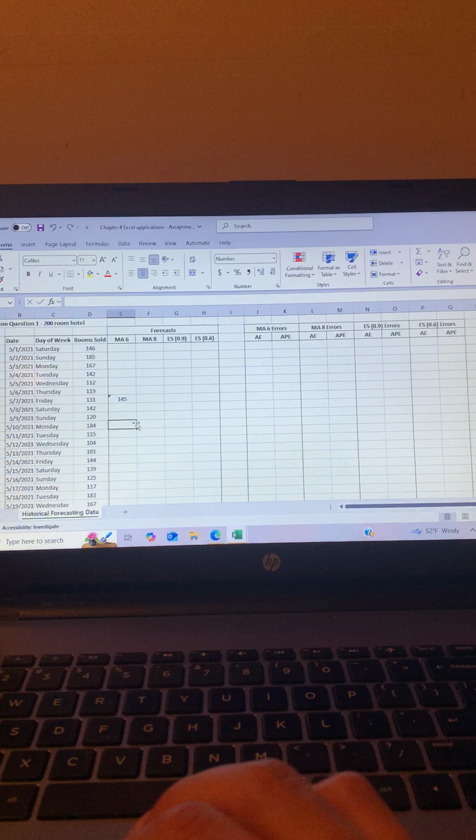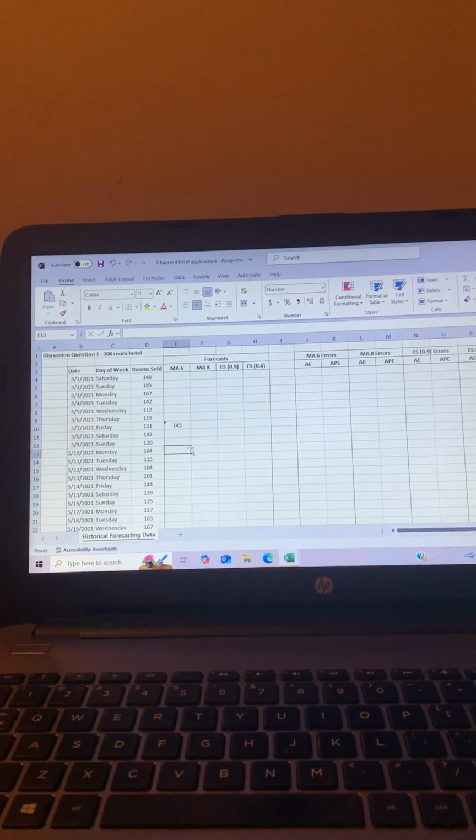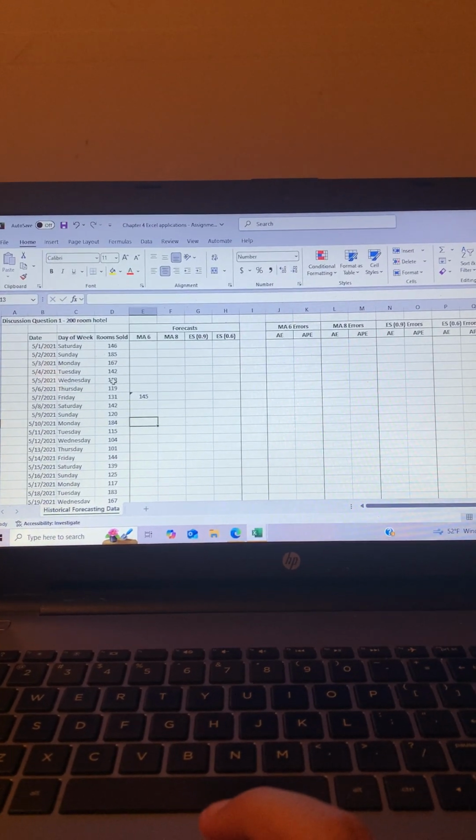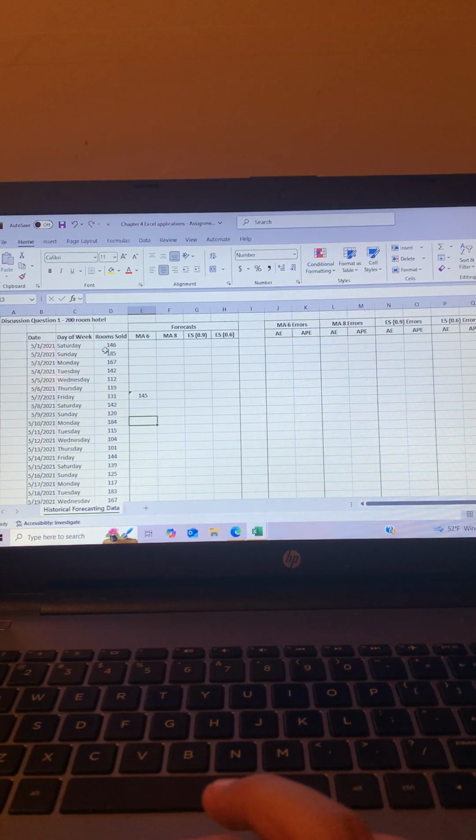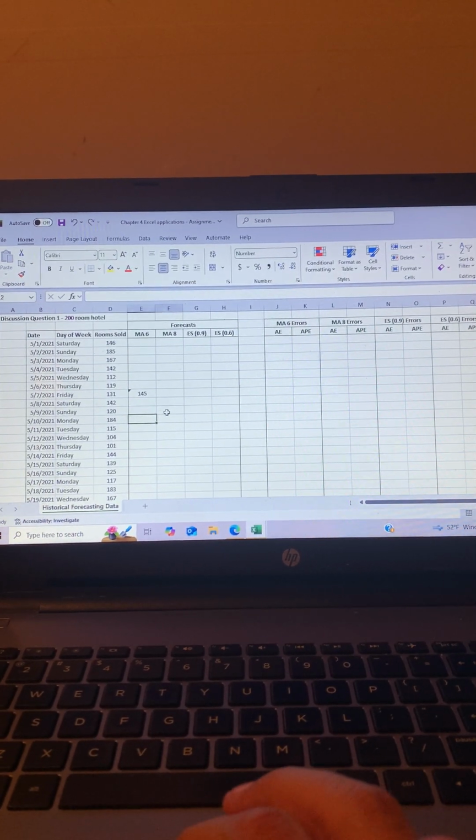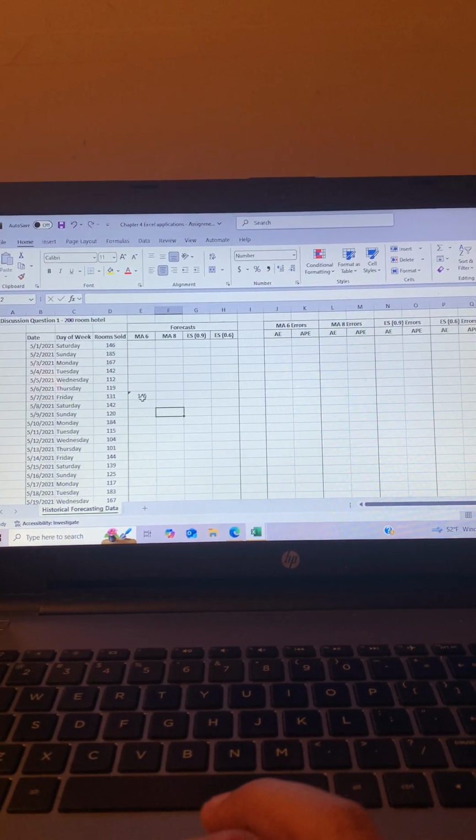And then that will be our average for our 6-day. That's right. And then it asks for the 8th day. Oh, okay, I'm getting a step ahead.